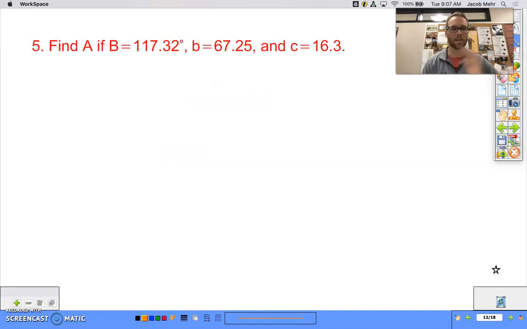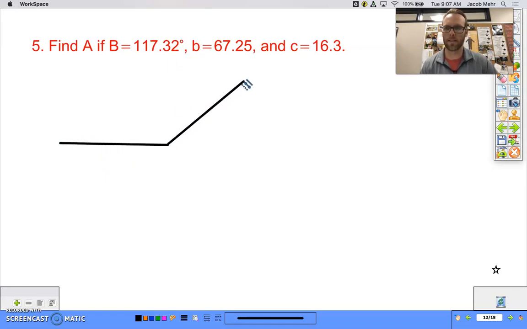Okay. All right, last example. Find angle A if angle B is 117.32 degrees, side B is 67.25, and side C is 16.3. All right, so angle B, this has got to be an obtuse triangle, so I'm going to draw something like this.